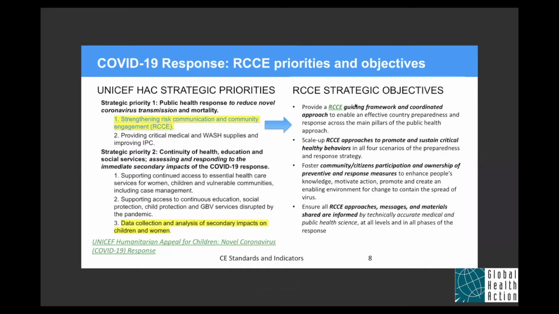And this is just to give a really quick overview of what we are doing on the ground. How is this linked and embedded in UNICEF's global strategy for what we do in countries?